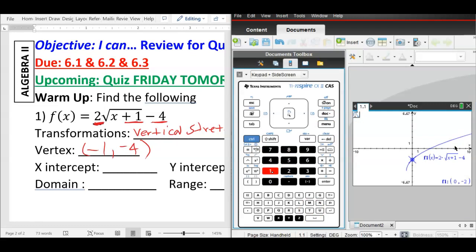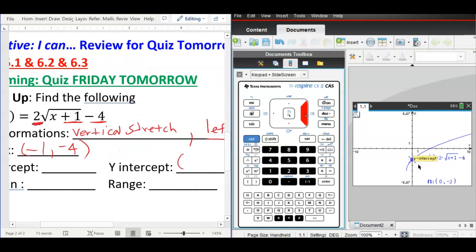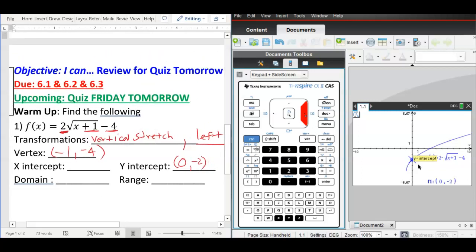Do you see how the first thing that pops up right there is my y-intercept? If I go left and right, it'll tell you y-intercept. At 0, -2. Write that down in the right spot. Y-intercept, 0, -2. What about the x-intercept? I'm just going to go to the right till I get there. When it says 0, does everyone know 0 means x-intercept?